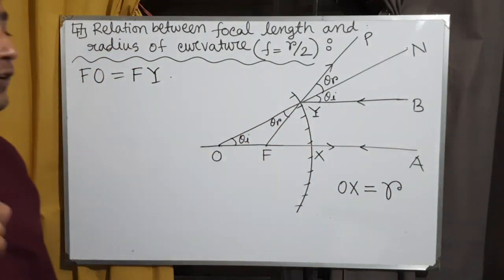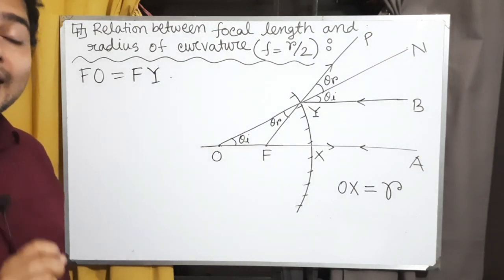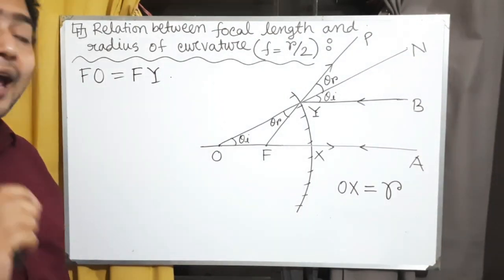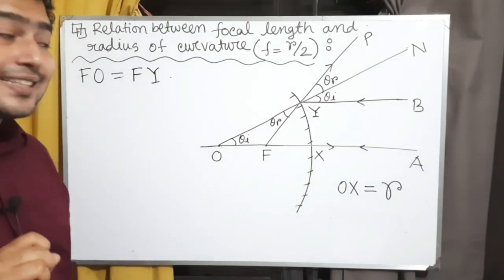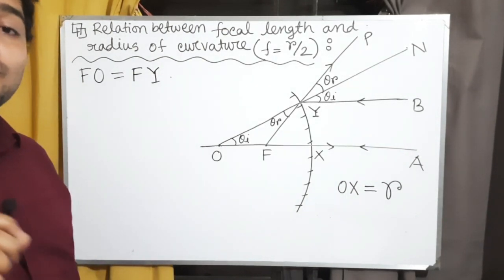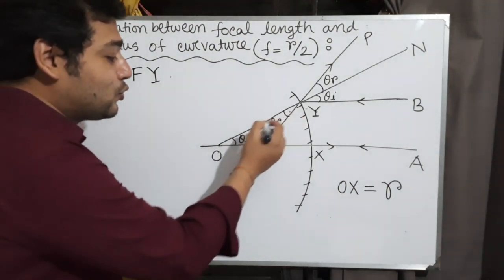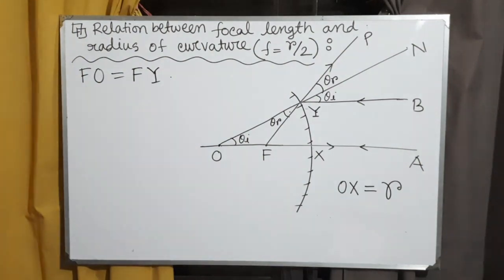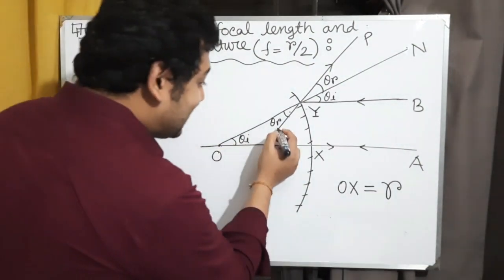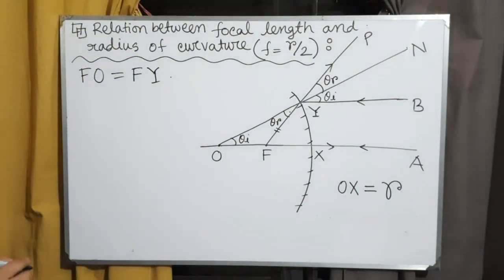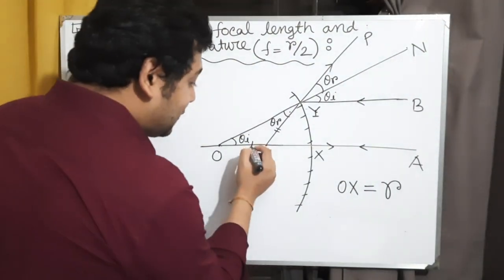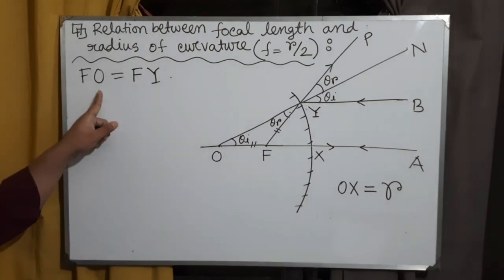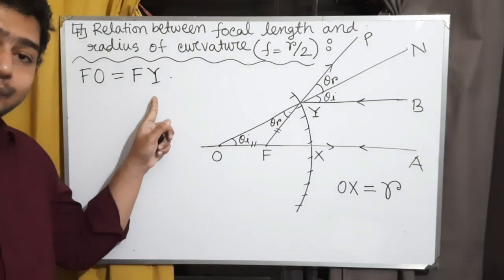According to the laws of reflection, we know that the angle of reflection and the angle of incidence are equal to each other. So these two angles are equal, so this line is equal to this line. So FO equal to FY.